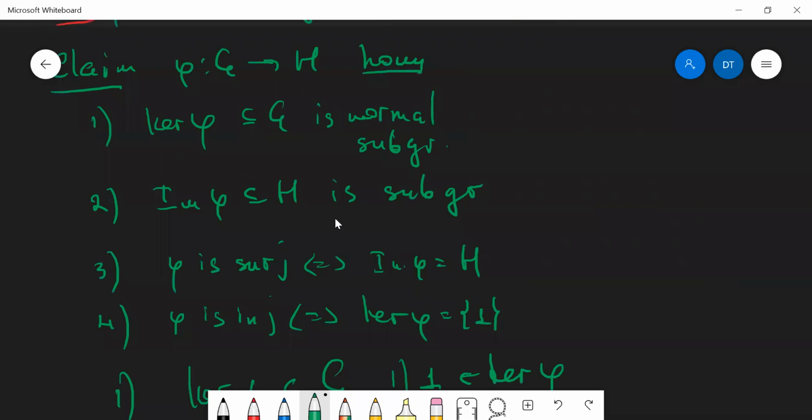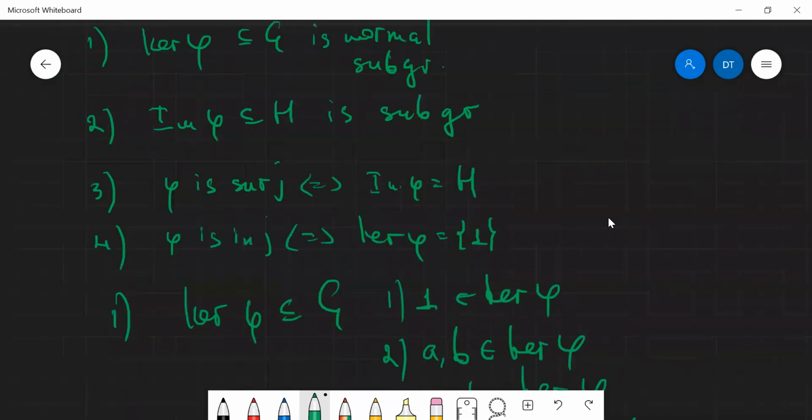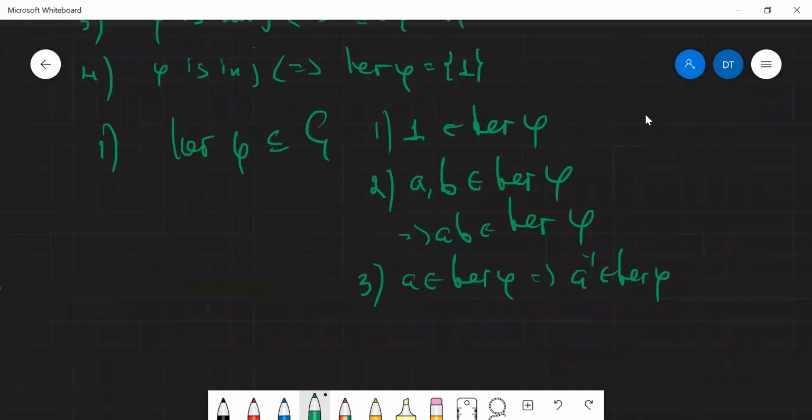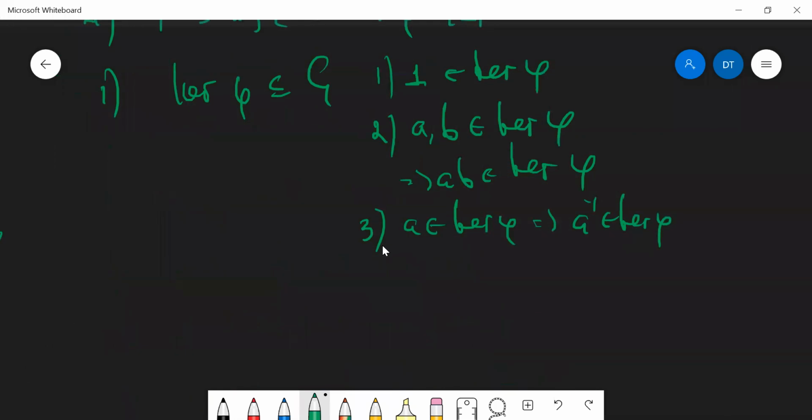Well, you may define them, but the kernel may be empty, and they are just arbitrary subsets. It's not an interesting case. It's like dealing with nonlinear maps in linear algebra, which is not an interesting thing. So here, phi is always a homomorphism from one group to another group.